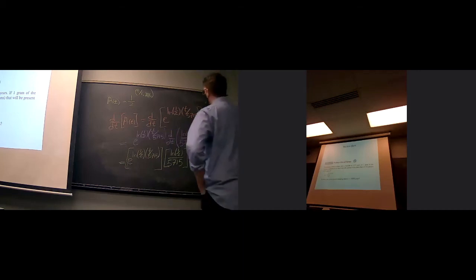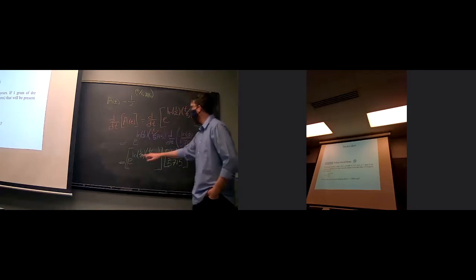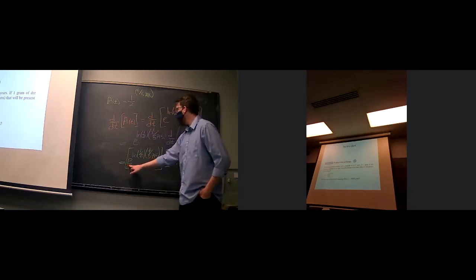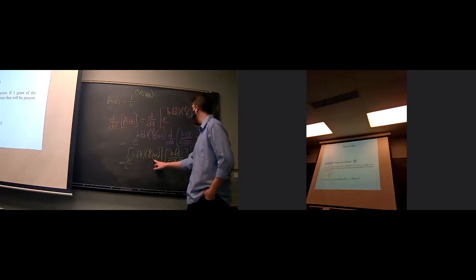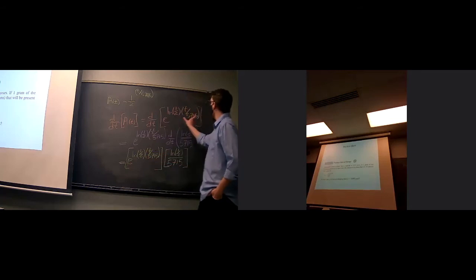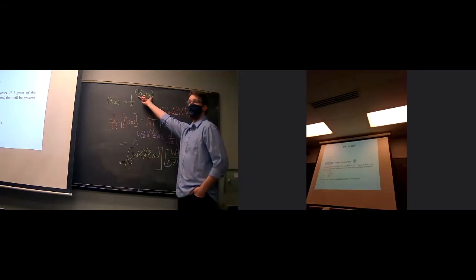If we had used the rule, we could have skipped from here to the ln of 1/2 raised to the t over 5,715 times the derivative of just this part of the exponent, right? So that rule is actually kind of convenient because it cut down on some of our work.